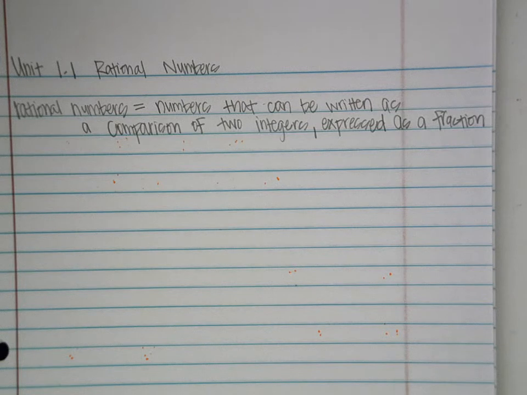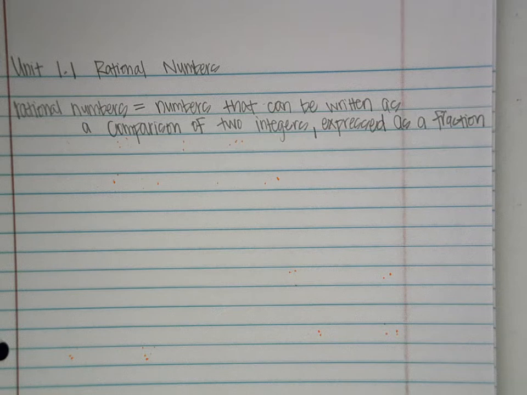Are positive numbers integers? Yes. Are negative numbers integers? Yes. Is 0 an integer? Yes, because it's on a number line. Are fractions integers? No. So integers are just whole numbers. They can be positive, they can be negative, and it can be 0.